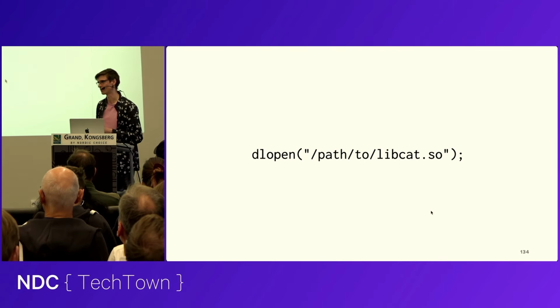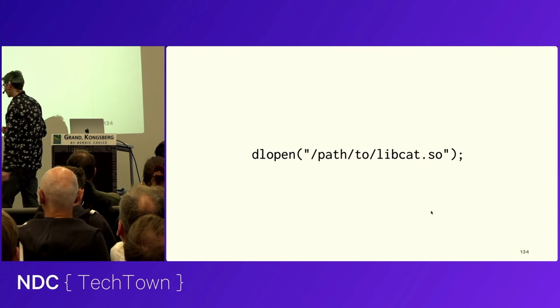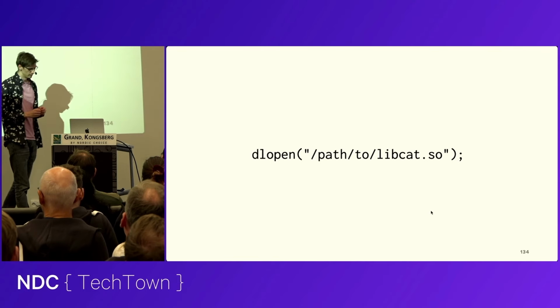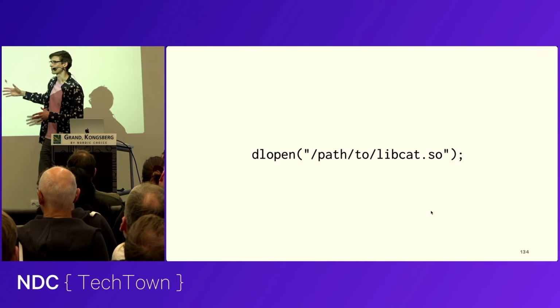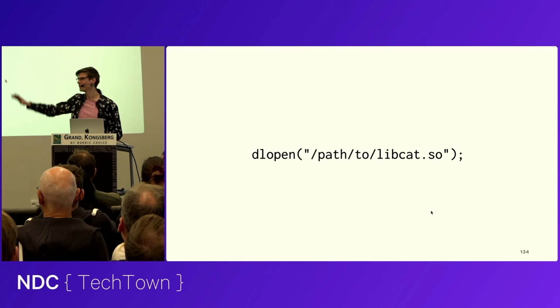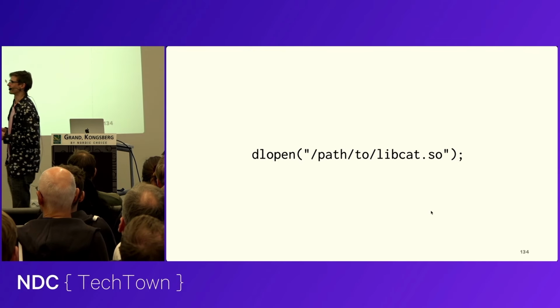What if we just call dlopen to dynamically load this shared library? Maybe it's a plugin system. This kind of stuff is done all the time. Can we make breakpoints work? Can we make stack unwinding work for something like this? How do we get notified that a new library has been loaded?